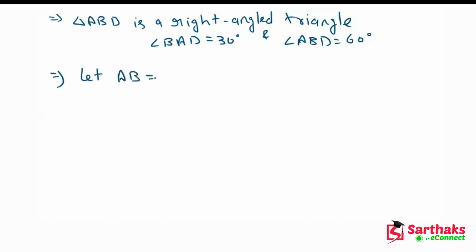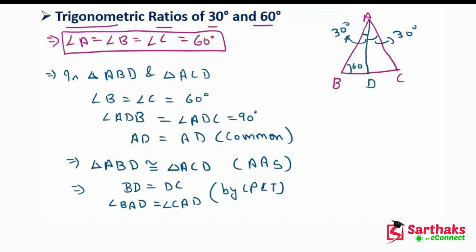Okay. So now let AB be equal to twice of A. We are taking AB is 2A. So what is BD? BD is half of BC, and BC is equal to BA. So if AB is equal to 2A, similarly BC is equal to 2A.